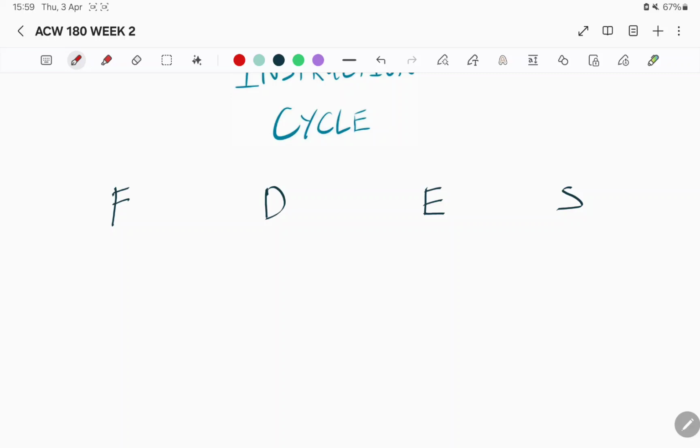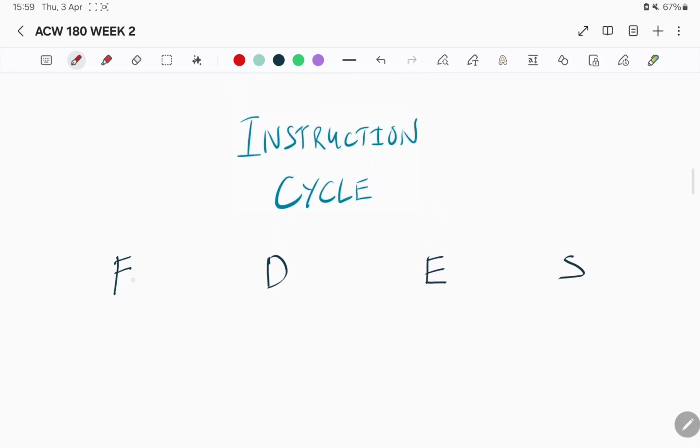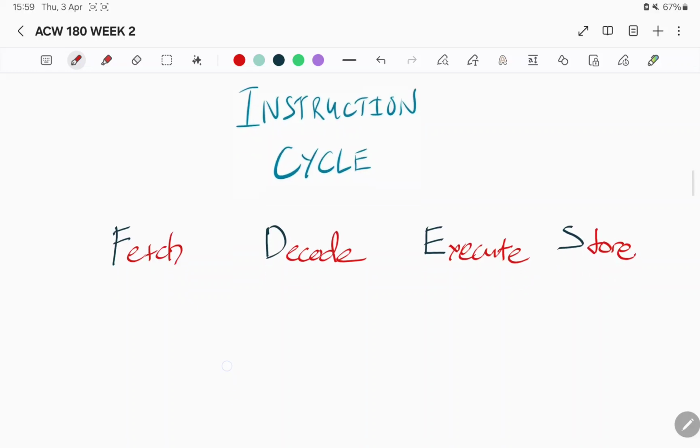We start with the first, which is fetch. Then we've got decode, we've got execute, and store.